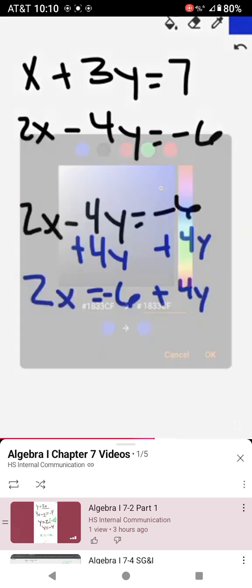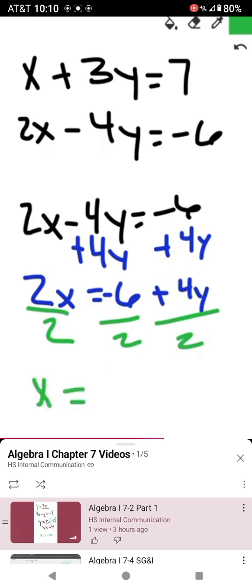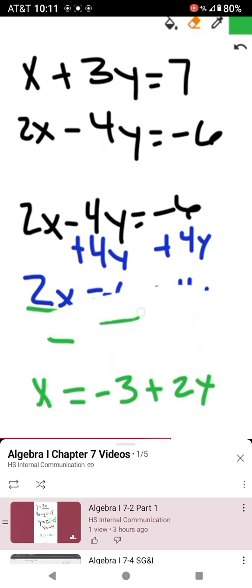And then we're going to divide by 2. You divide the entire side by 2, so you can write it like this, or you can divide each part. It's the same thing either way, however you write it. So 2x divided by 2, we're left with x. Negative 6 divided by 2 is negative 3. And positive 4y divided by positive 2 is positive 2y. So x is equal to negative 3 plus 2y, meaning anywhere we see x, we can replace it with negative 3 plus 2y.